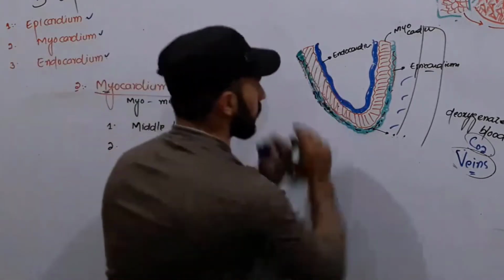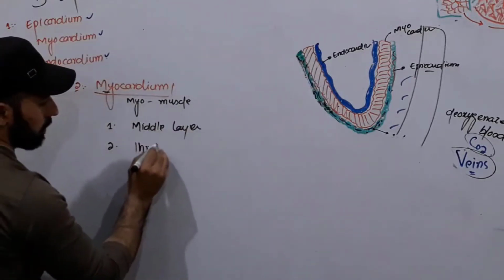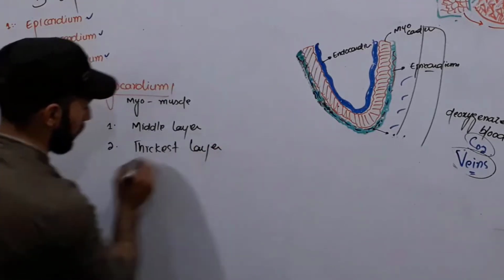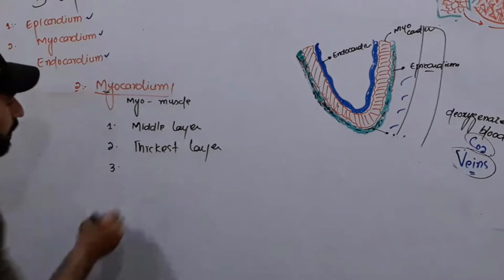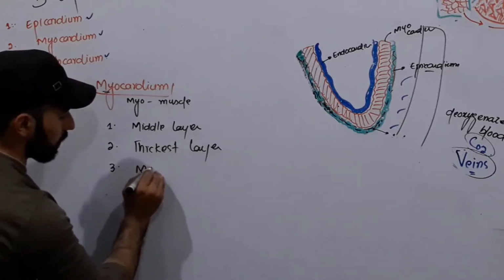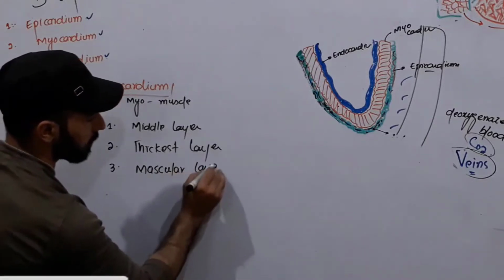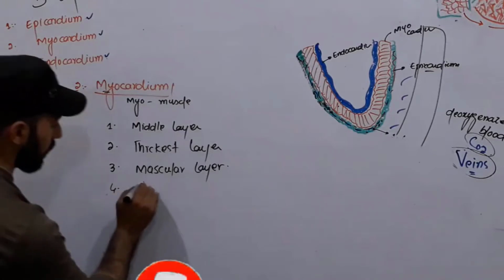It is the thickest layer, as you can see. The third point and the most important thing is that it is the thickest layer. It is also known as the muscular layer of the heart. Which cells are present there?